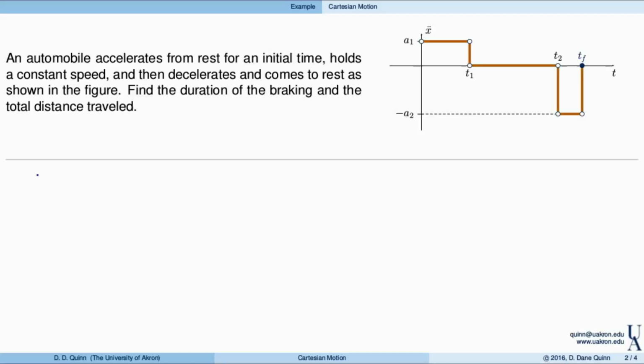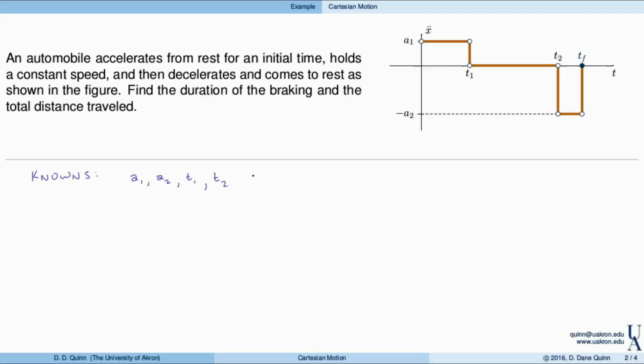If I look at this problem, the known values, the things that we know, are a1, that's the acceleration in that initial period, a2, which represents the magnitude of the acceleration in the braking period. Then I also know t1, the time at which the initial acceleration stops, and t2, the time at which the braking begins.